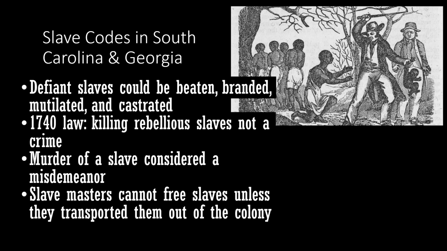They even passed a law in 1740 stating that killing a rebellious slave was not a crime, and they also made the murder of a slave a misdemeanor. They also legislated that slave masters could not free slaves unless they transported them out of the colony.